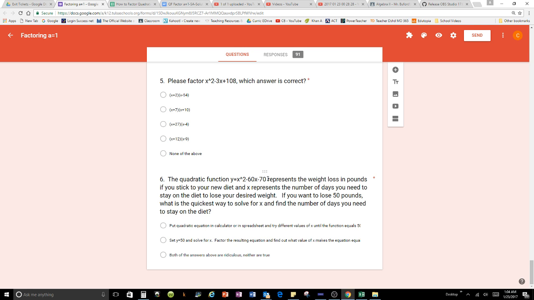Then you can solve for x using factoring, and that would allow you to find the number of days directly instead of using the trial and error method suggested in part 1, where you keep sticking in different values of x in this equation until y equals 50. A quicker way is to just put 50 here and then solve for x by factoring, and that way you would be able to solve it quicker.